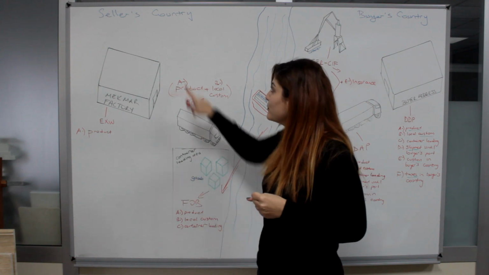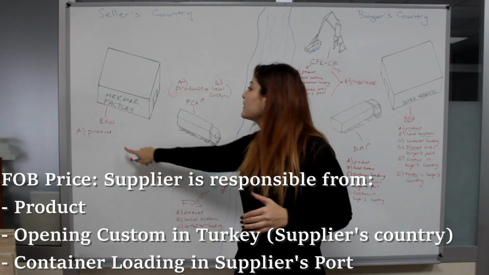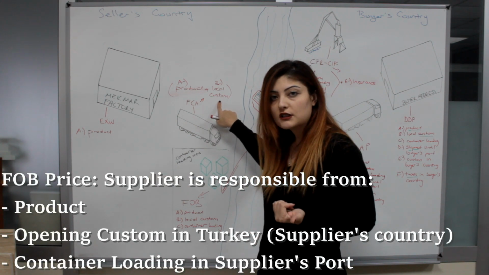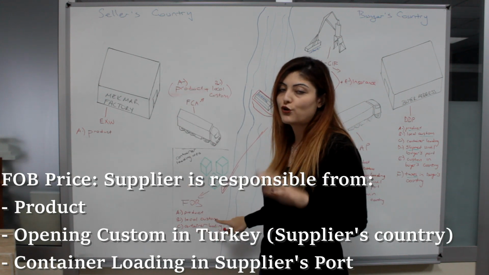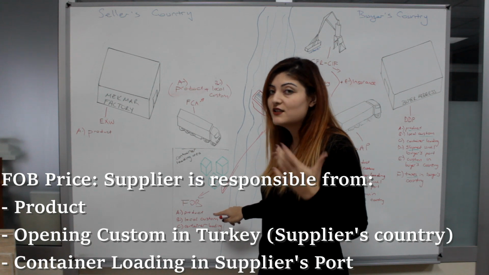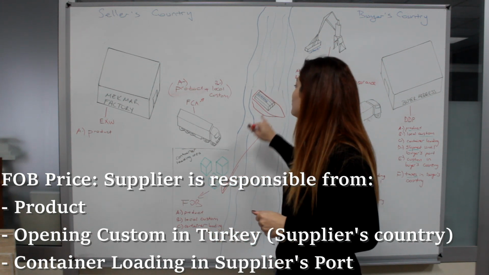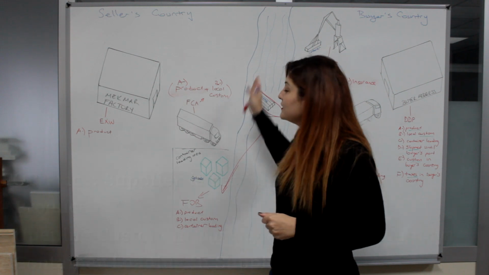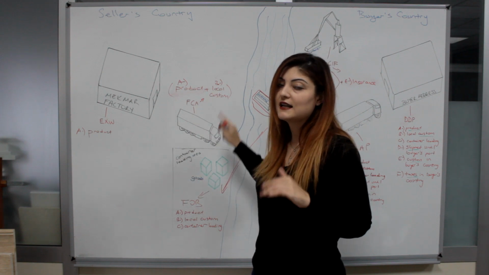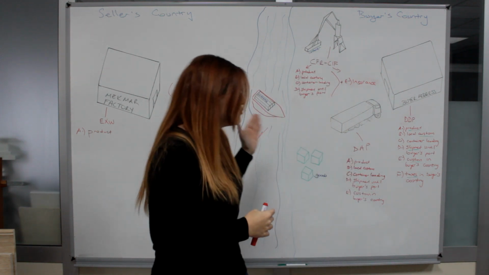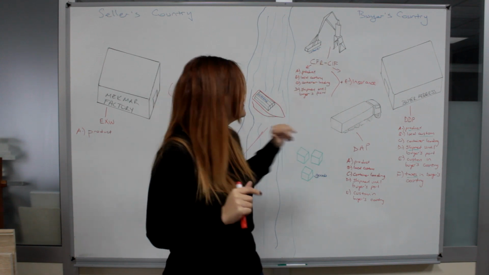It means that Mekmar, the seller, will be responsible for producing the product, opening the local customs for you, and sending this product to any Turkish port, from Izmir, from Mersin, from Istanbul, and loading these goods to the container. And here the responsibility ends for the F types of deliveries.